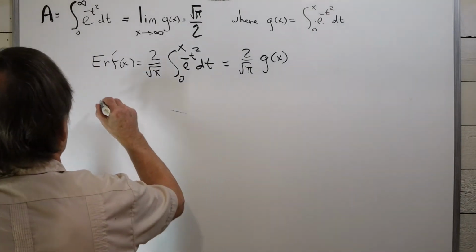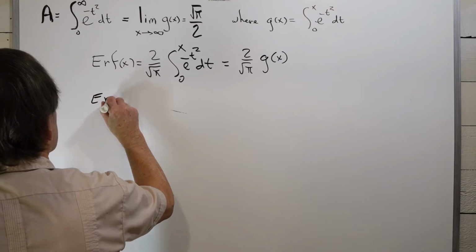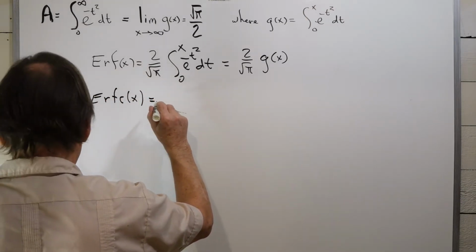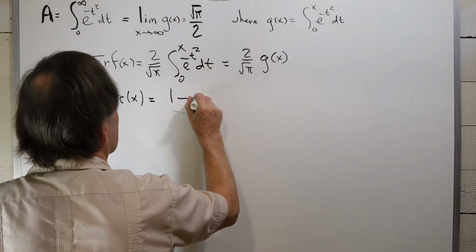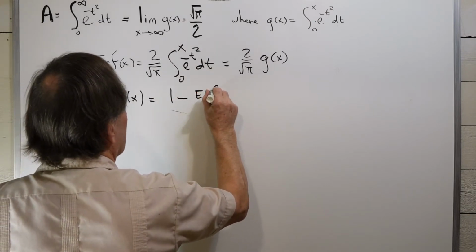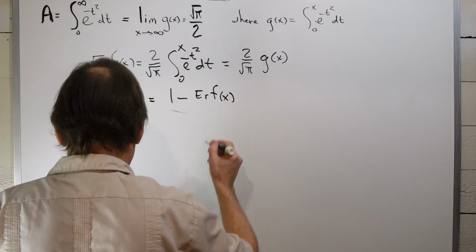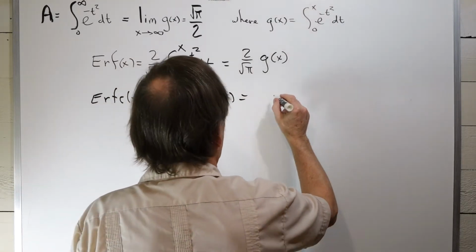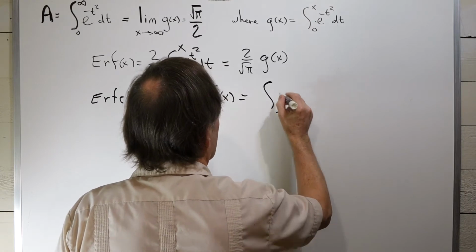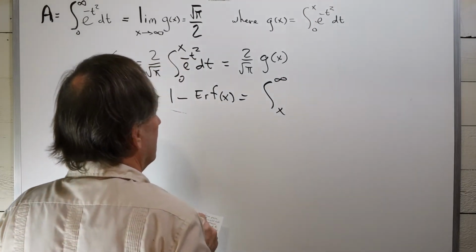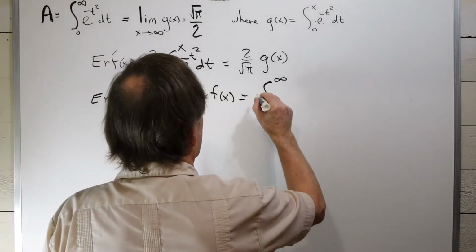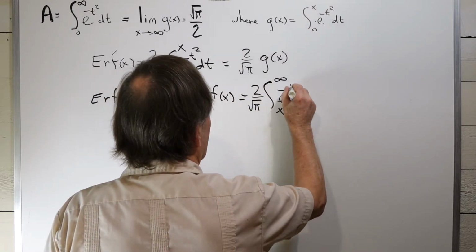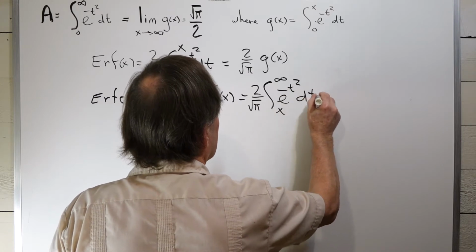Now the complementary error function is designated as ERFC of x, which is just 1 minus the error function. So this will end up being the integral from x to infinity of 2 over the square root of pi e to the minus t squared dt.